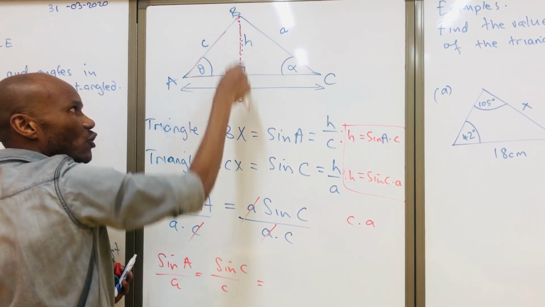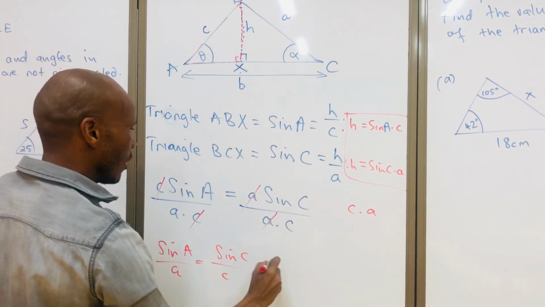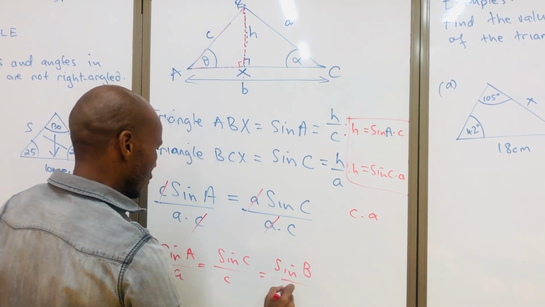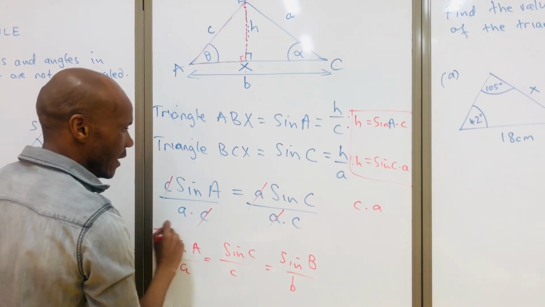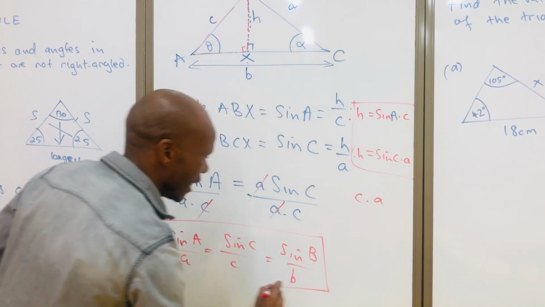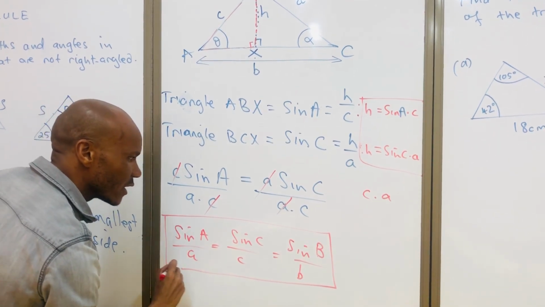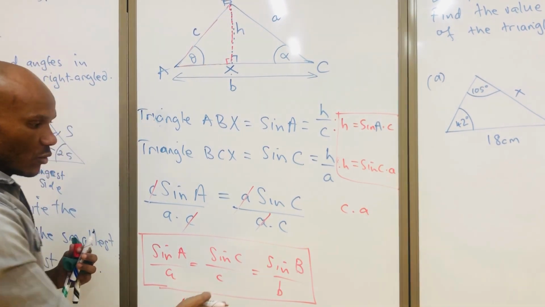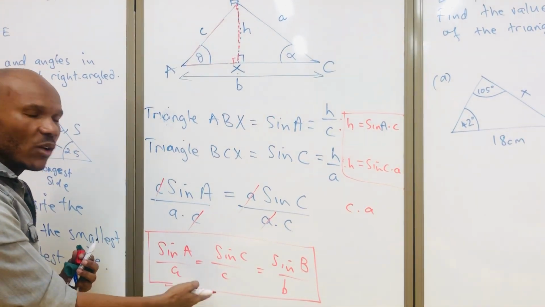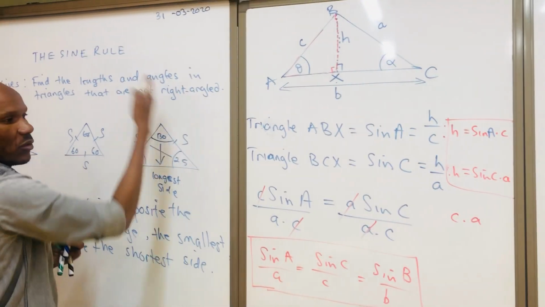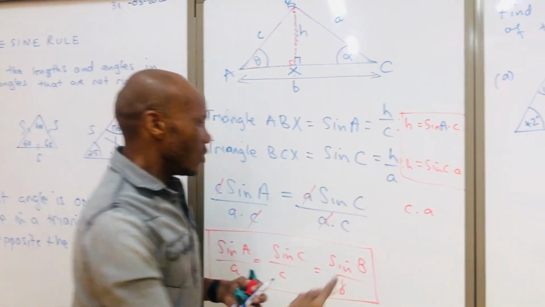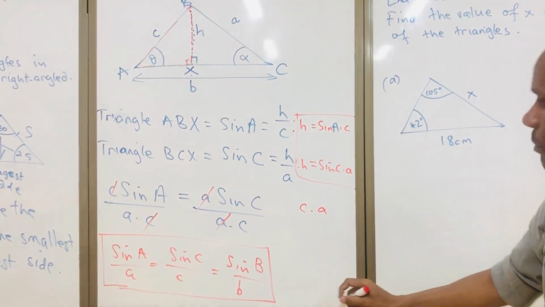So I'll continue and say that will be the same for B. And people, now we have formulated the sine rule. That is the sine rule formula. We've derived the sine rule formula.